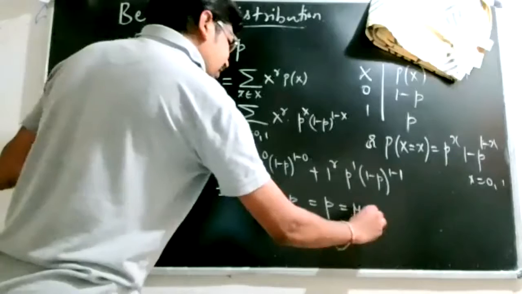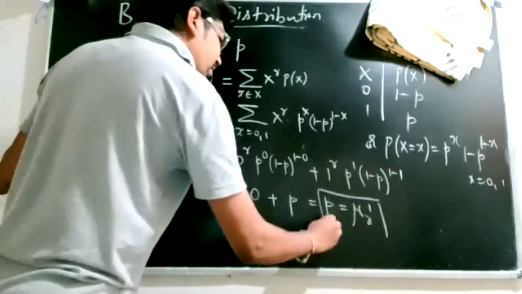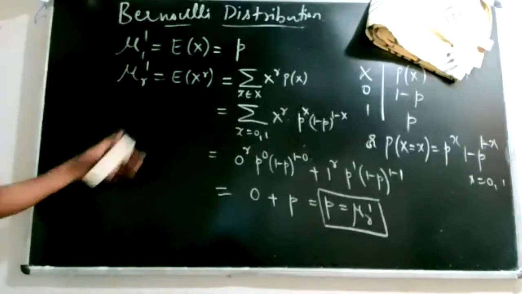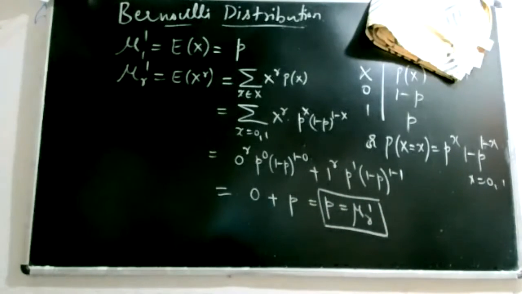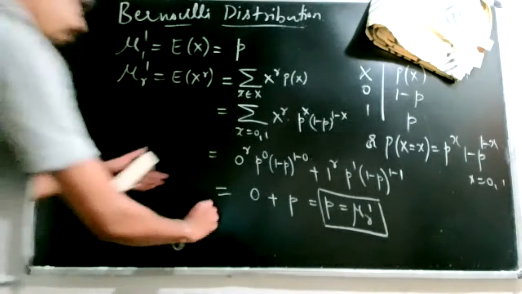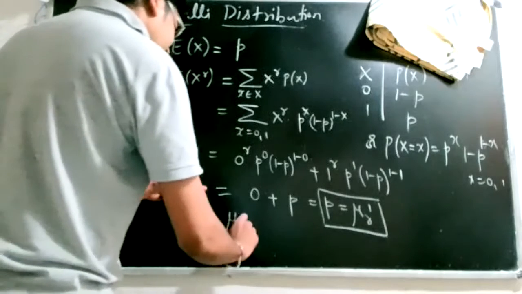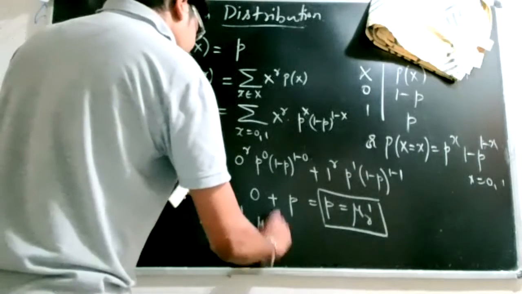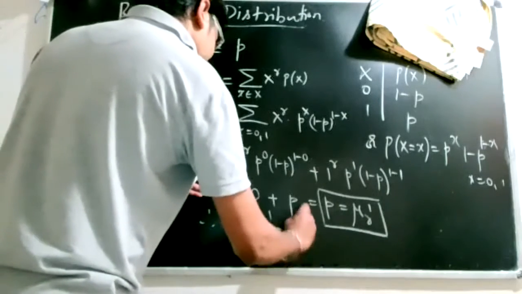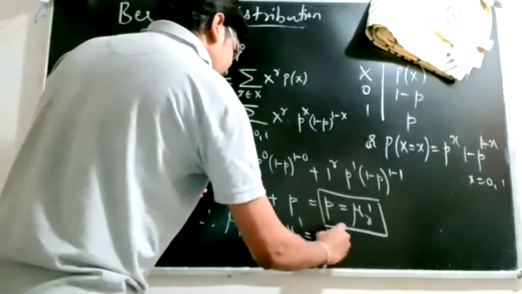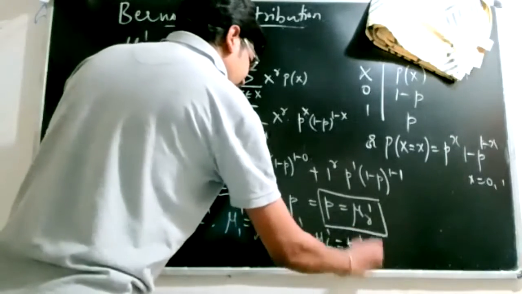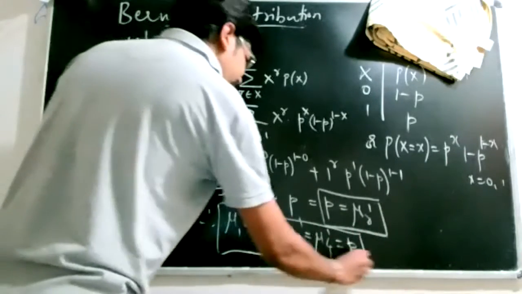So the r-th raw moment about the origin for a Bernoulli distribution is always equal to p, which is the probability of success. Therefore, the first four moments about the origin are all equal to p.